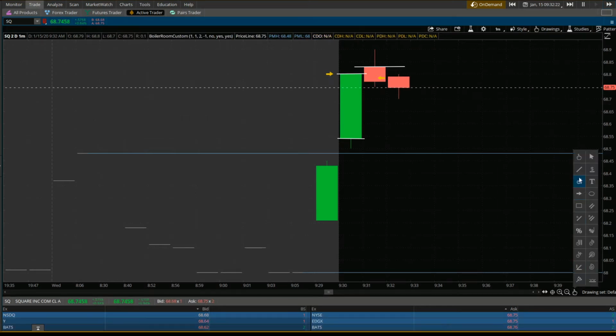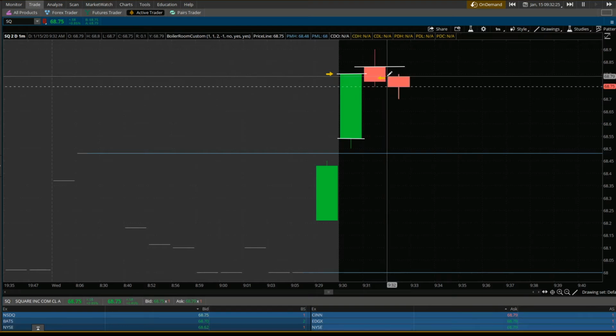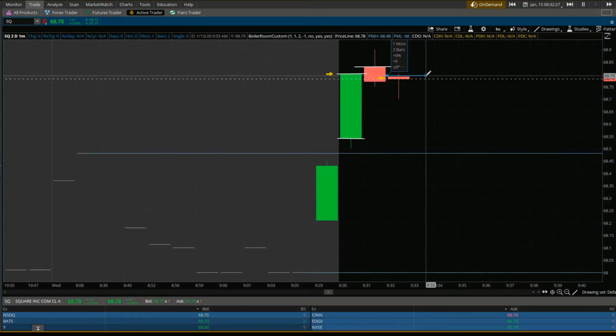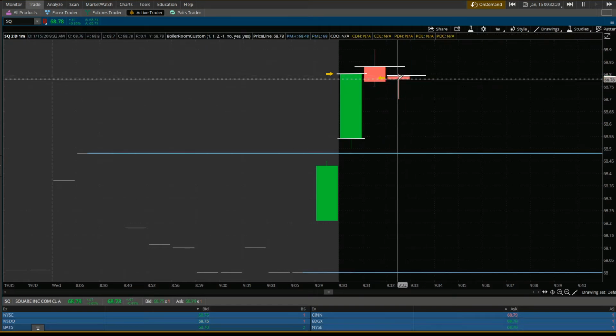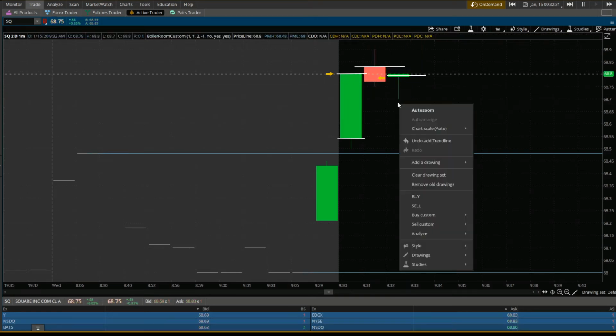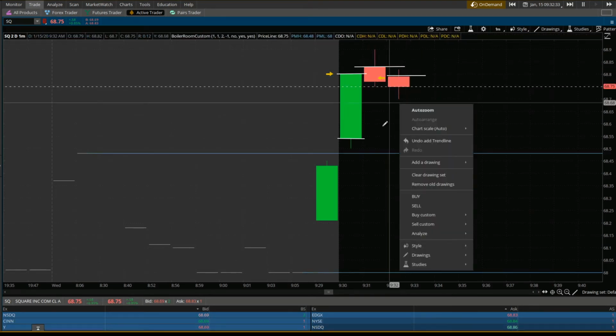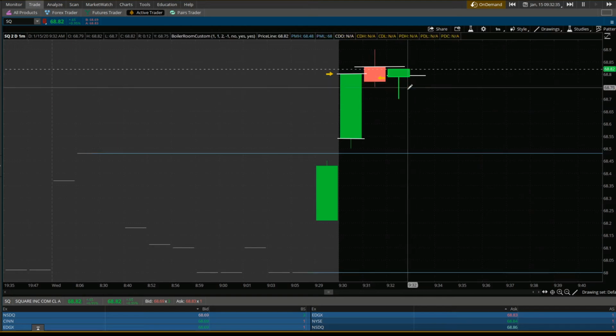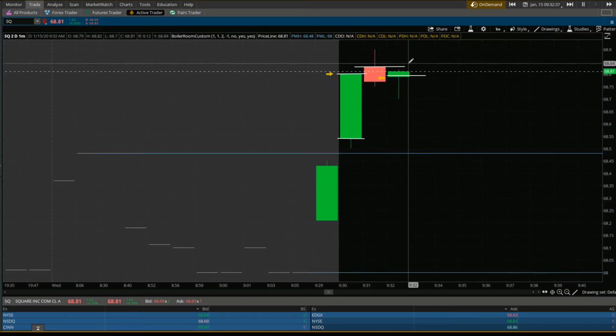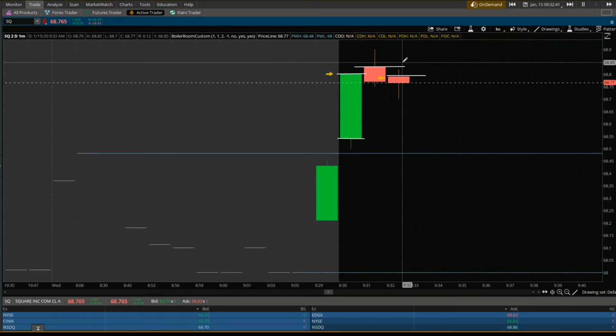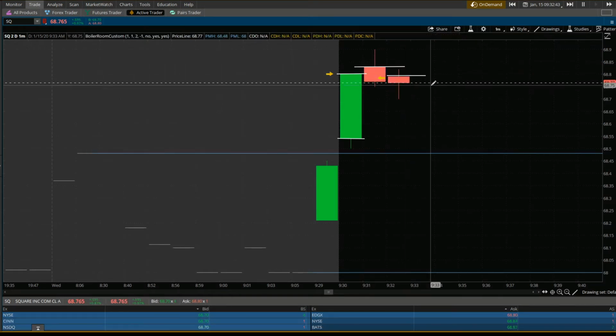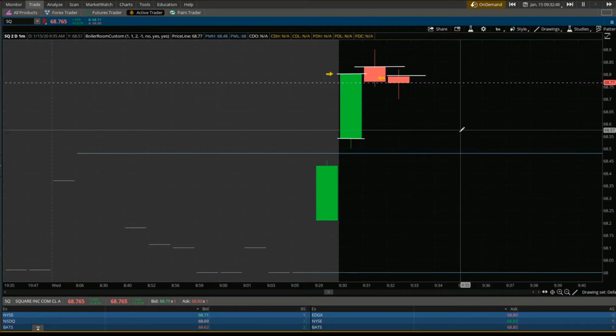The third candle opens right here, pushes down a little bit more, right? And then what's it doing? It's getting bought back up. So buyers are stepping in and pushing the price higher. Sellers are trying to push the price lower. And we see this play out.